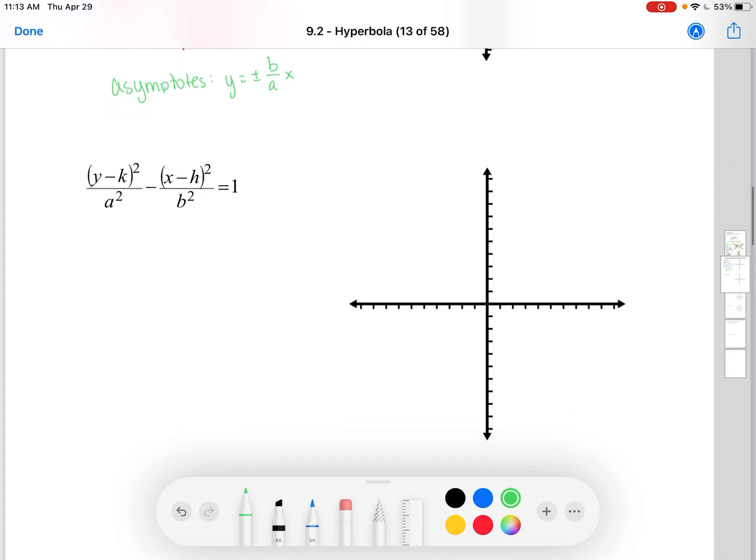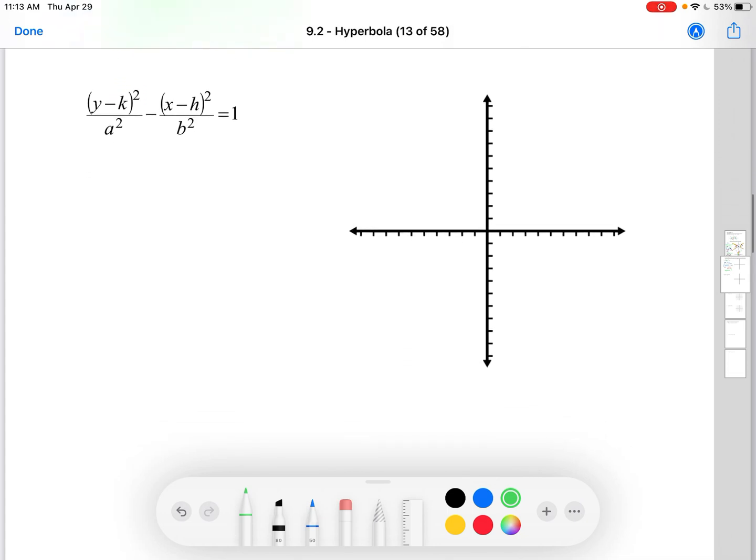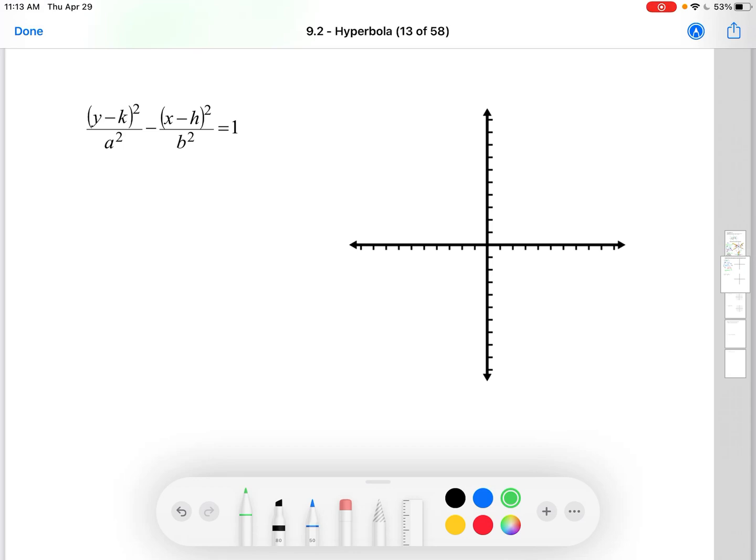If I had a little bit of a shift going into the next section, this time you'll notice a squared is no longer paired with x, it is now paired with y. So that is going to change ever so slightly a couple of things. My center point is still going to be h, k. But now my vertices are working on the y-axis. So my vertices, my x will stay the same, but my y will now be shifted plus or minus a values.